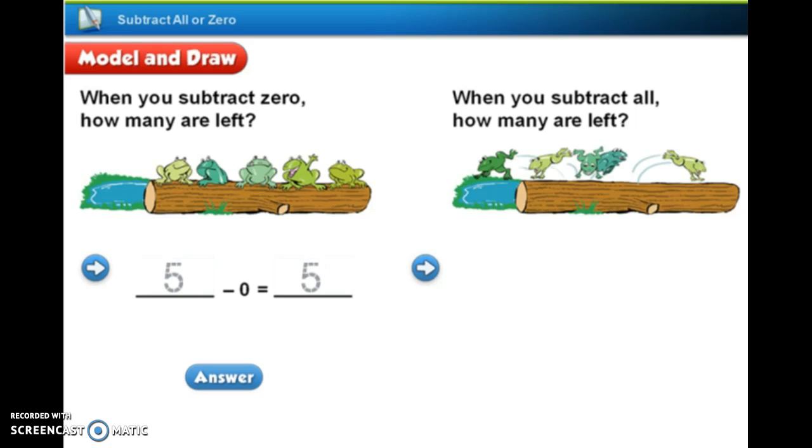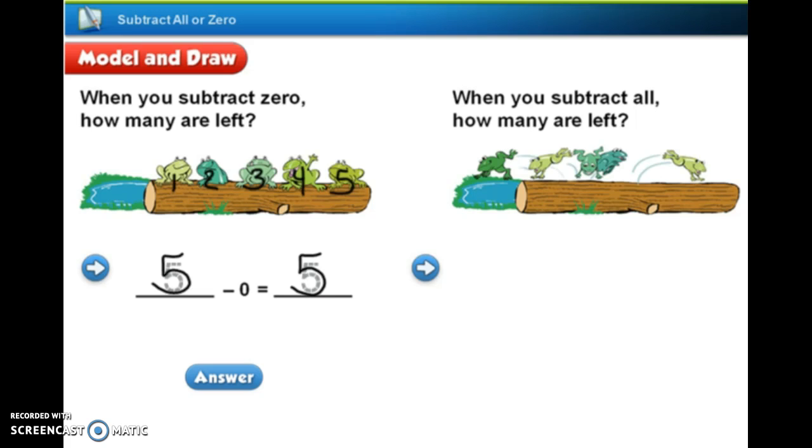So we started with 5 frogs on the log. 0 frogs left the log. So how many frogs are left? 1, 2, 3, 4, 5.